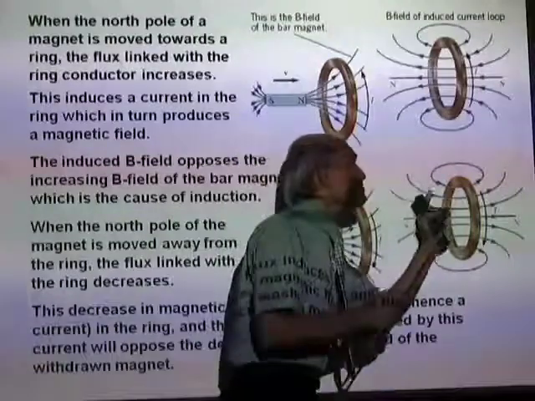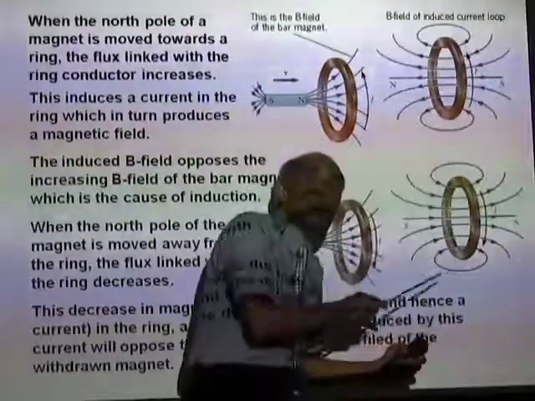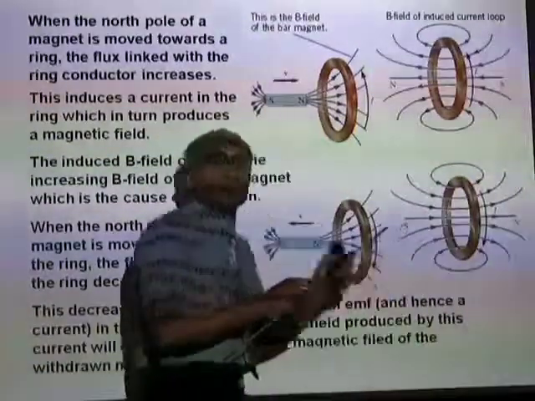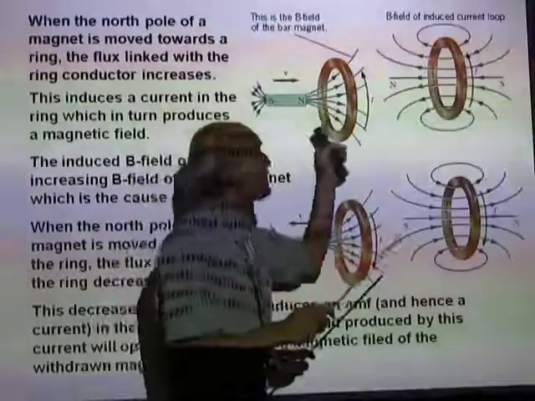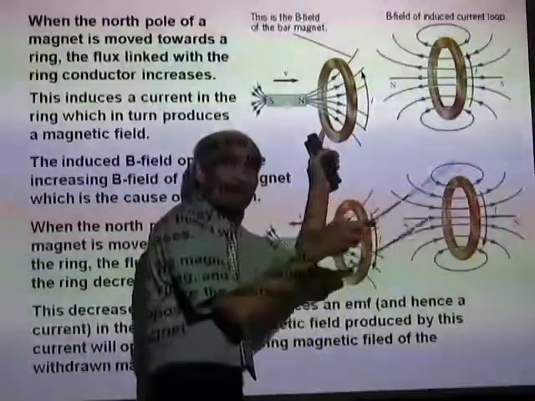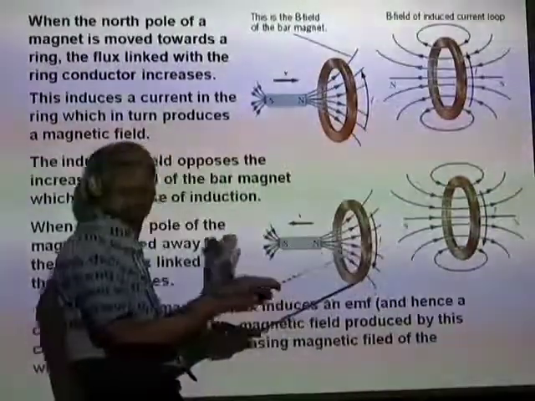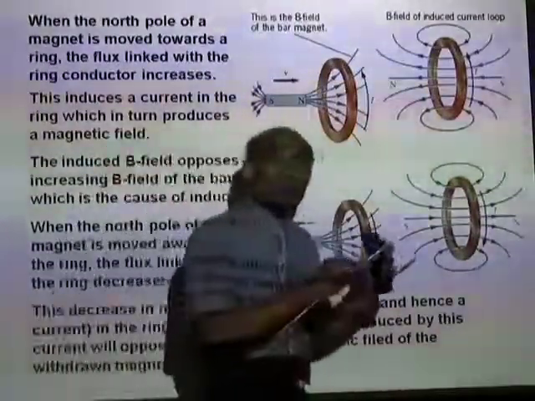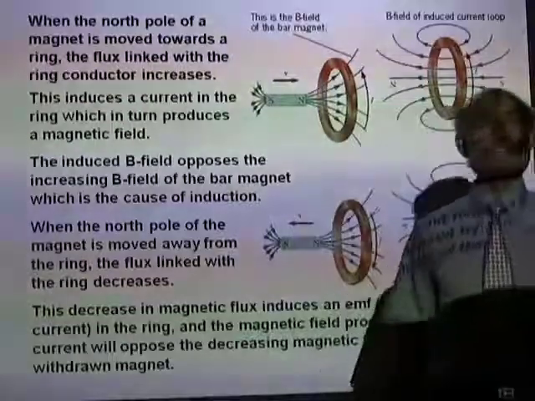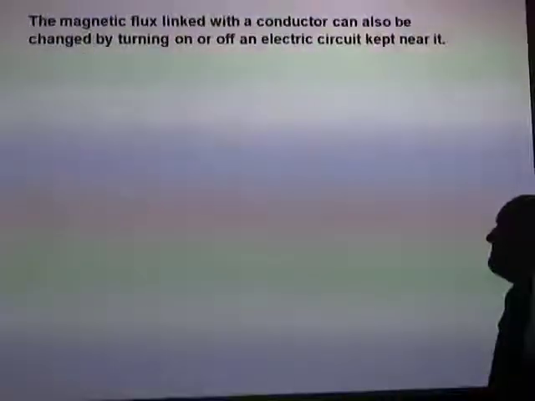That means the direction of the induced current will be now clockwise. So when the north pole is moved towards the conductor, if the direction of the induced current is counterclockwise, when it is moved away, the current will be clockwise. The direction of the current changes.